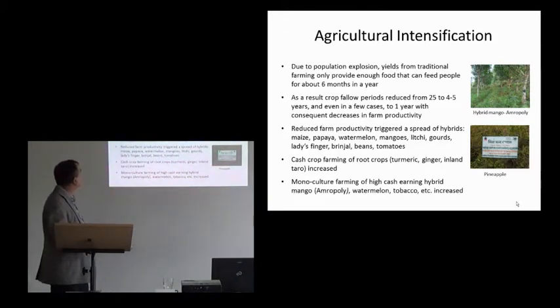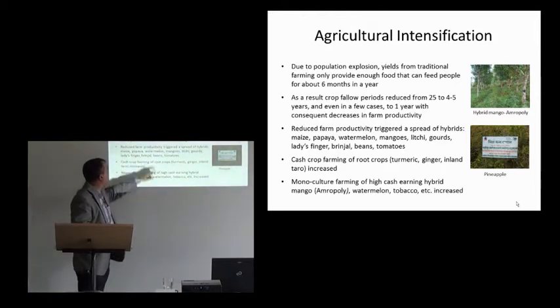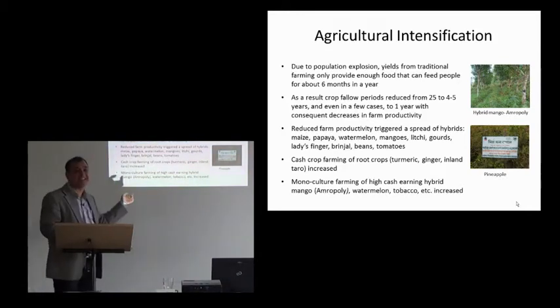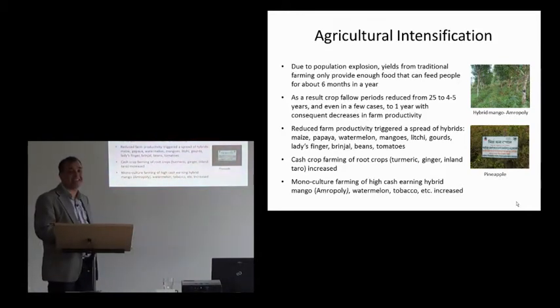So reduced farm productivity triggered a spread of hybrids: maize, papaya, watermelon, mangoes, lychee, gourds, lady's finger, brinjal, okra, aubergine. These are the Indianized English, I think. Okra and aubergine. So cash crop farming of root crops is very dangerous.